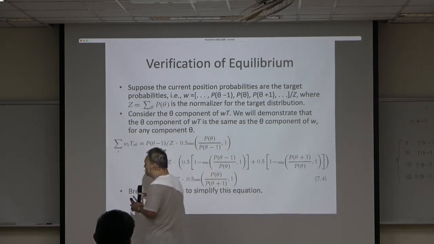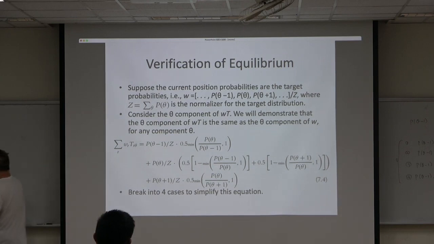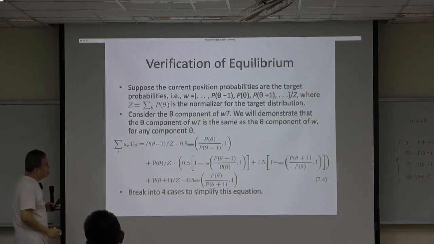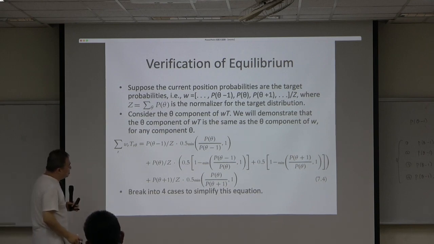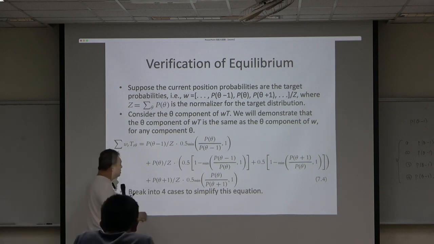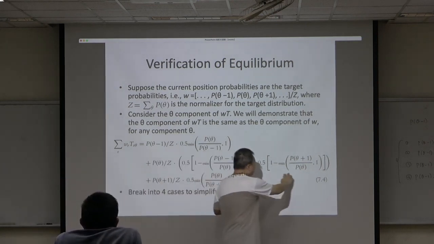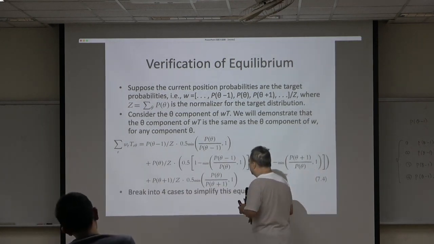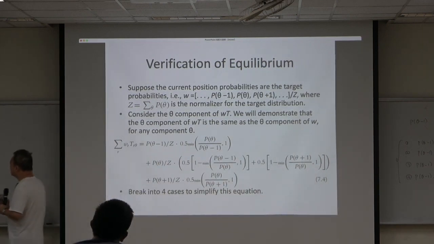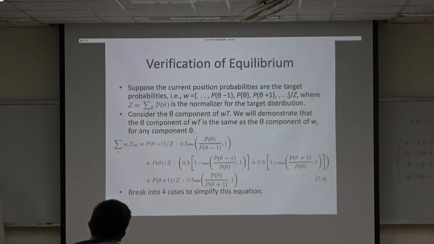And then plus p of theta divided by z times, inside the parentheses we have 2 terms.